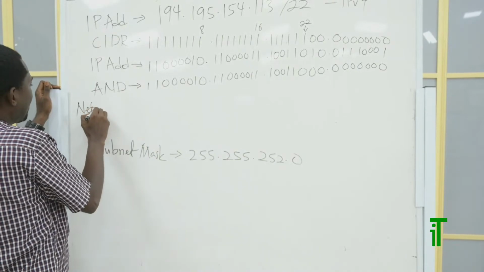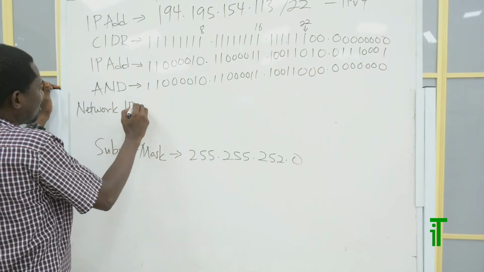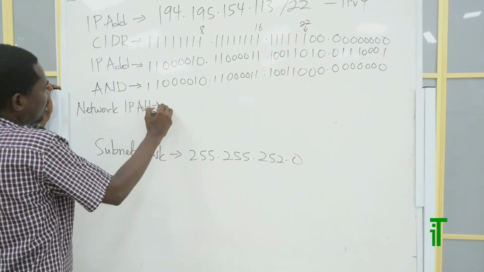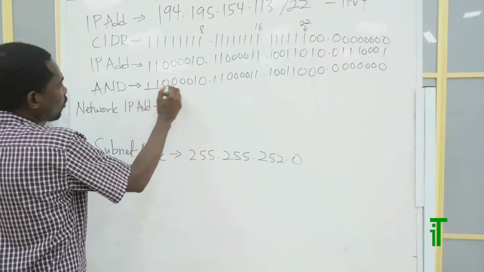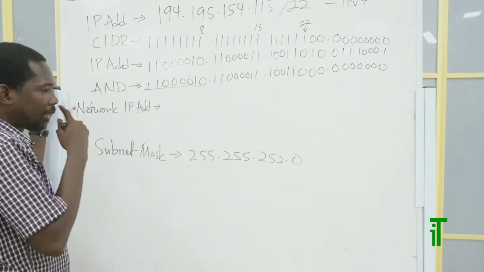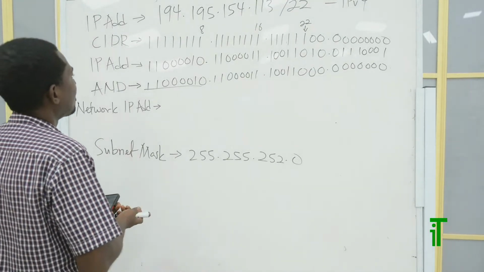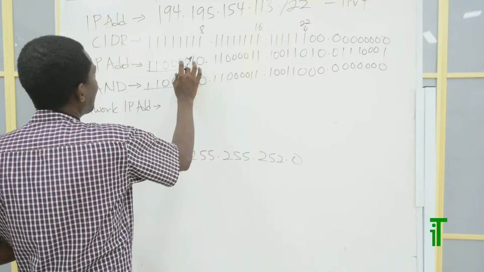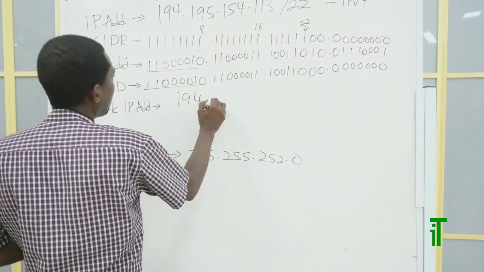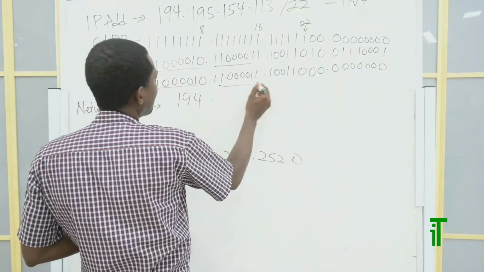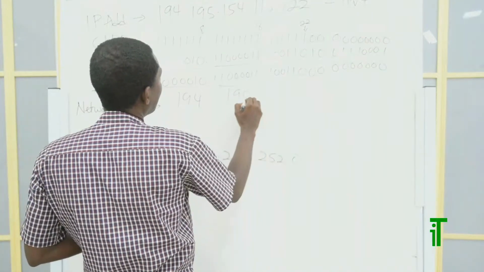That gives us the network IP address. We are going to convert these into decimal numbers. This is not different from this, so write the same, 194. This is also not different, so we have 195.